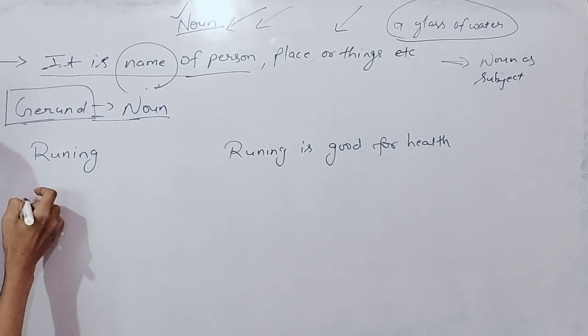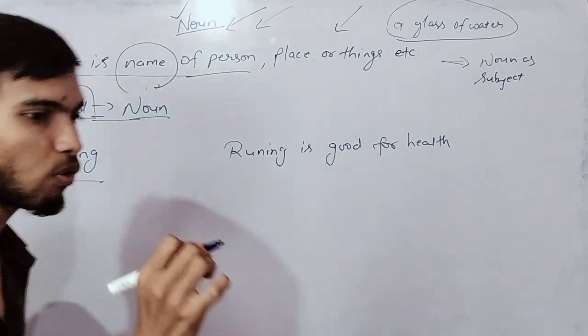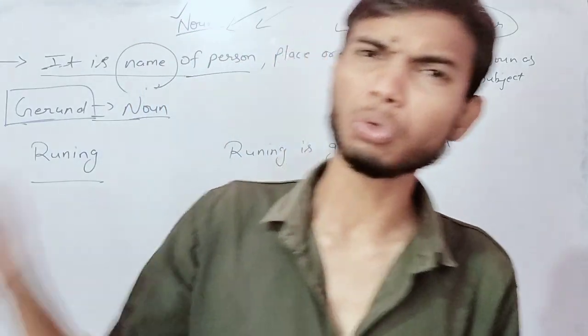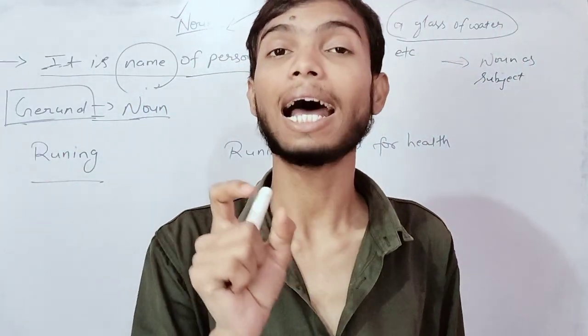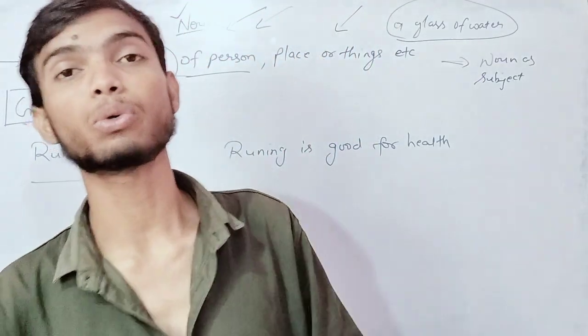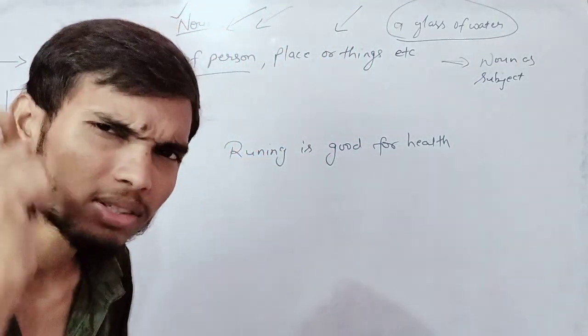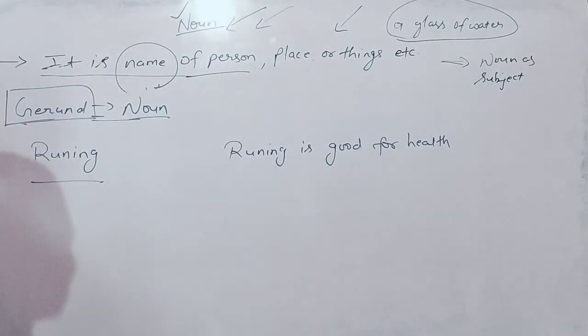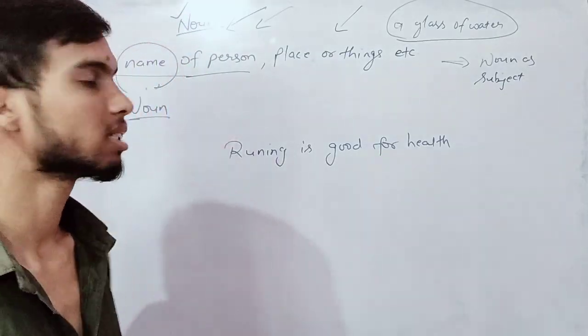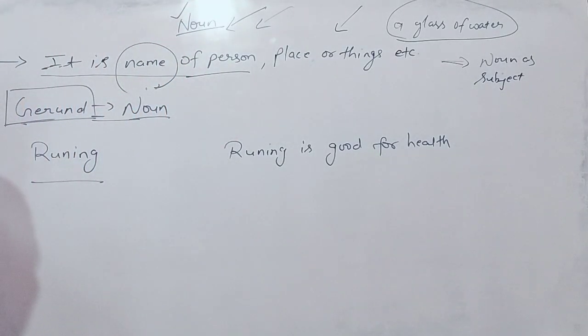Gerund noun, we can define it as any verb that is being used as a noun, not as a verb. If any verb is being used as a noun, then that verb will be considered a gerund noun. Clear?